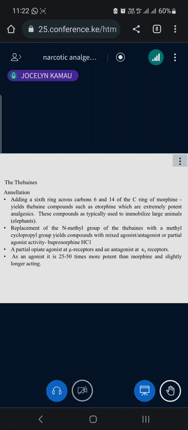I'm not asking you for the SAR of morphine, so you don't need to tell me the pentacyclic. I'm only asking how have the structural changes from morphine to, let's say, oxycodone or morphinan, influenced the analgesic activity? So don't bother with the SAR.